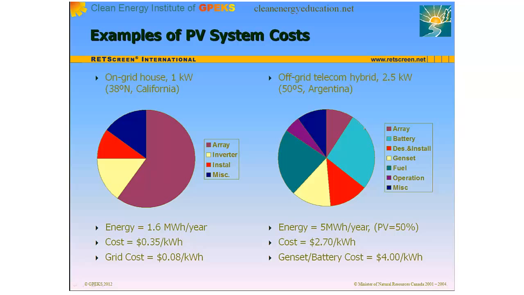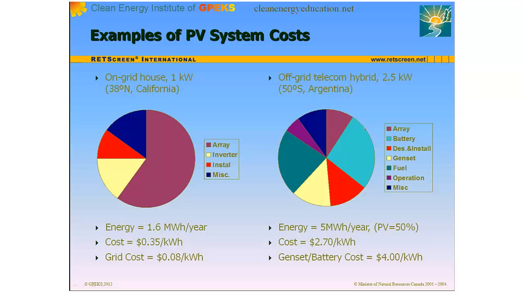The two systems are also very different in terms of their performance and cost effectiveness. In sunny California, the grid-tied house generates about 1.6 megawatt hours per year, whereas the PV array of the higher latitude hybrid system generates only 2.5 megawatt hours per year, despite being 2.5 times larger than the array on the house. The cost of generating electricity is an expensive 35 cents per kilowatt hour for the California house and an astronomical $2.70 per kilowatt hour for the hybrid system.